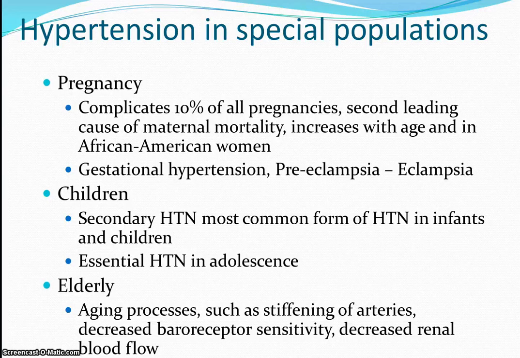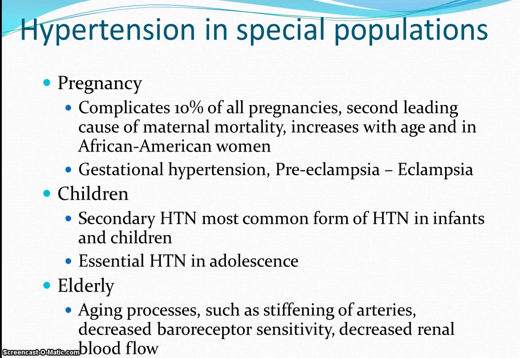It will progress to eclampsia. And in eclampsia, the blood pressure gets so high that they have a risk of a stroke, an aneurysm, and seizure. And that's how, if we don't treat hypertension in pregnant women, they can end up dying from it. The only way to treat preeclampsia and eclampsia is to deliver the baby.